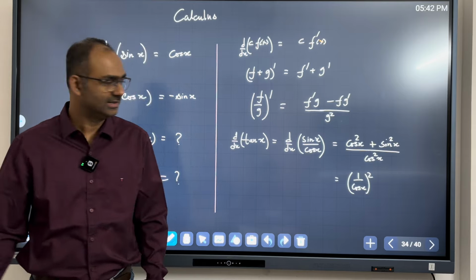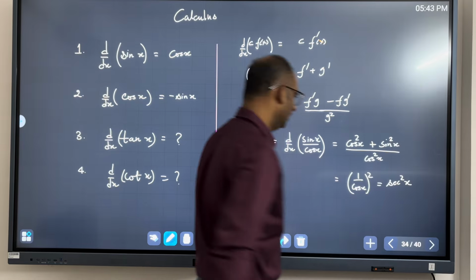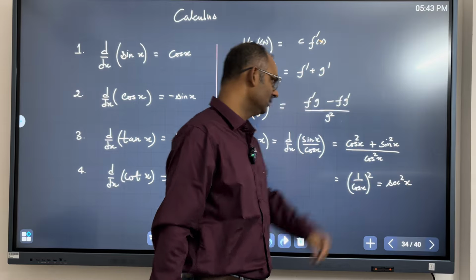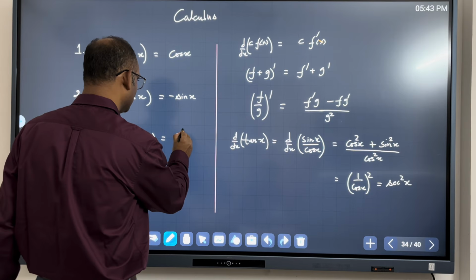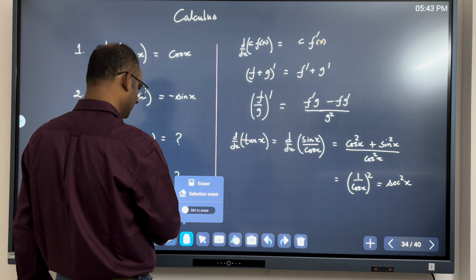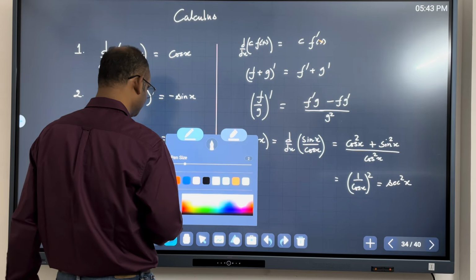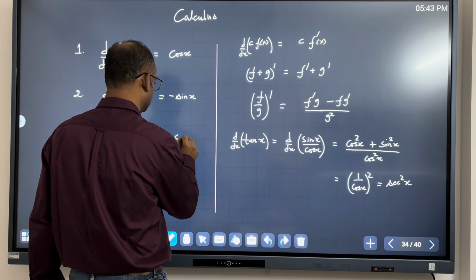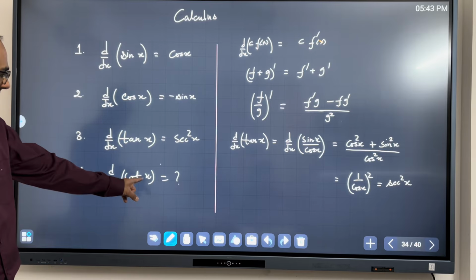That is secant x. 1 over cos x is sec x, and so this is sec square x. So this one is secant square x.